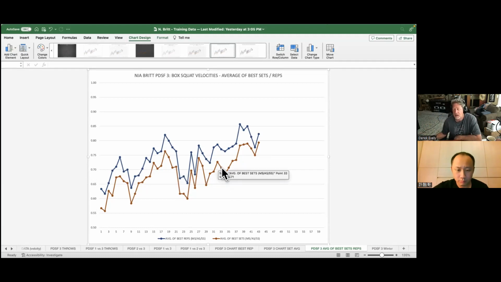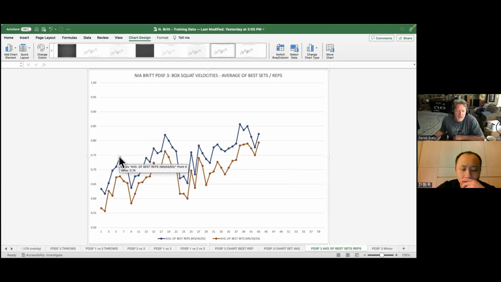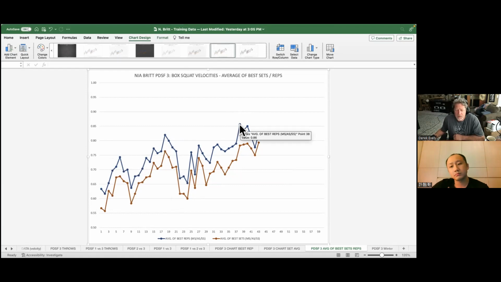So to me, this is kind of like an across the board growth. I don't know if it really means anything, but I just thought it would be interesting to measure. And look at the growth here, which is quite crazy. The blue is the same thing, just the best rep, so it's the three best reps of the day averaged out. Here it's 0.63, and her best so far is 0.86. So everything is between 0.2 and 0.25 growth.